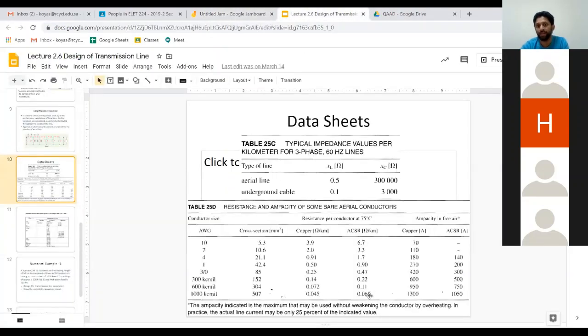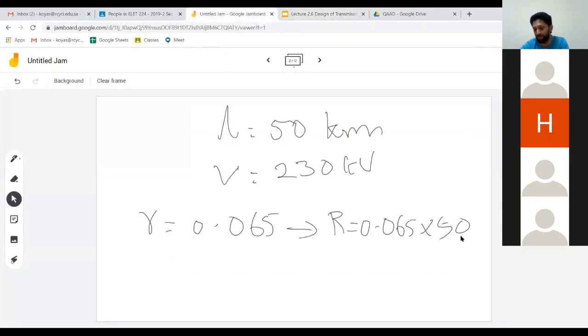So for 50 kilometer, you have to multiply it with 50. So what will be the value? You will get the value as 3.25 ohm.